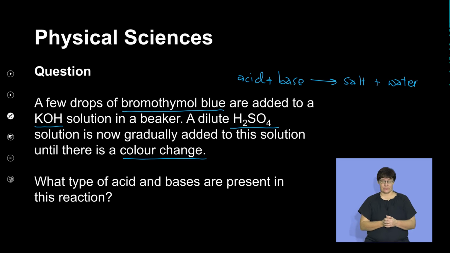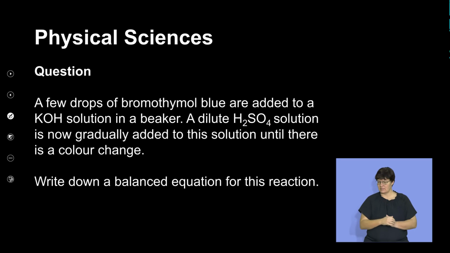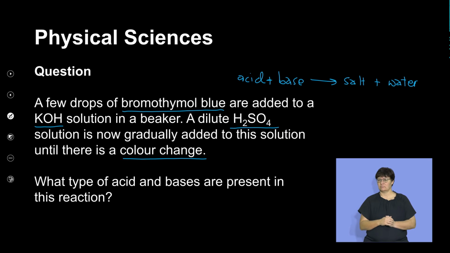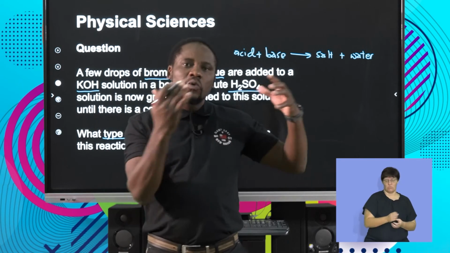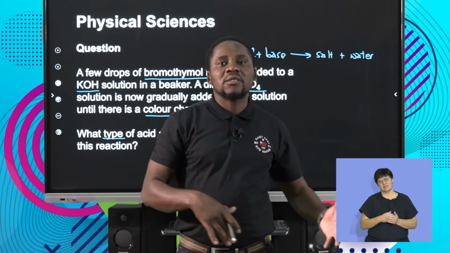Then the question says, what type of acids and bases are present in this reaction? So if we go back to that, we are looking at the type. Now remember, we've got weak acids, strong acids, weak bases, strong bases.